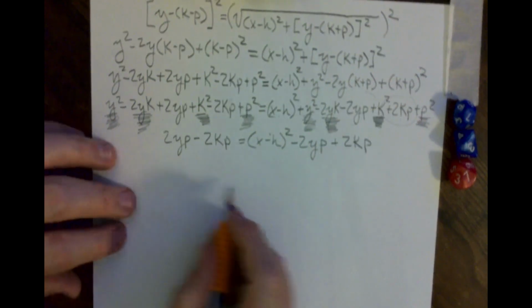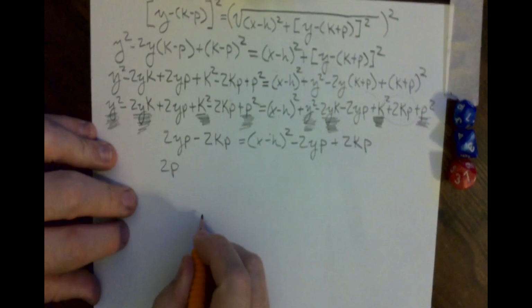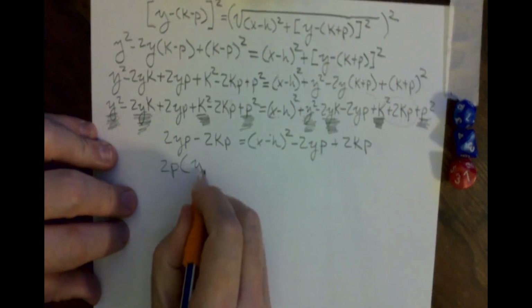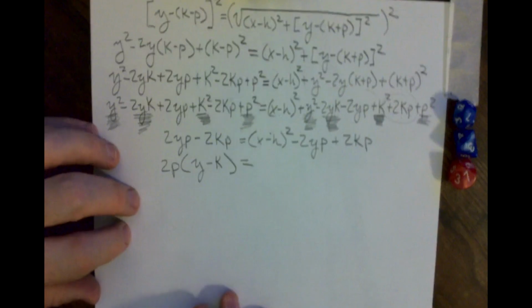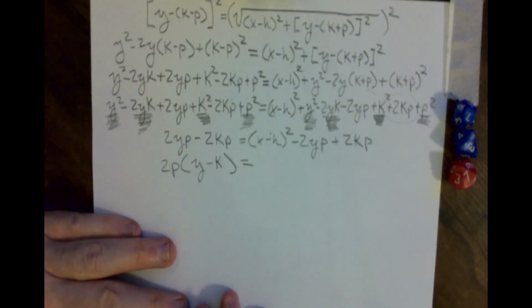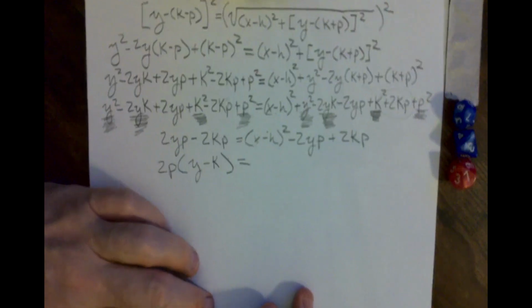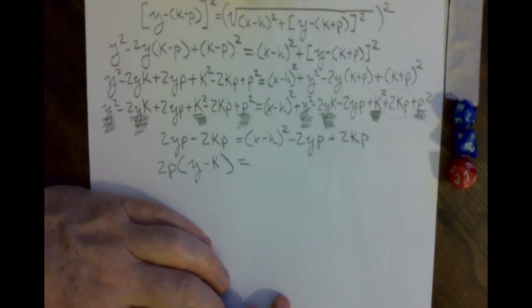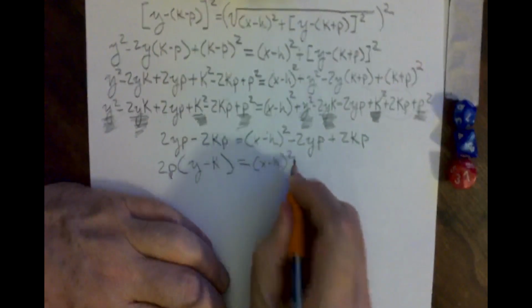Now from there, we can see that here we can factor out a 2p. We have y minus k. I'm pausing so that you can see for yourself what's going to happen before I write it.